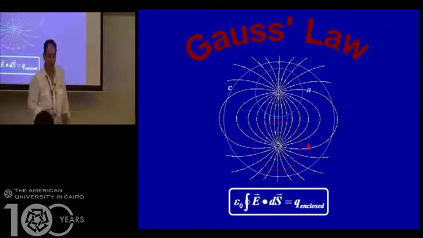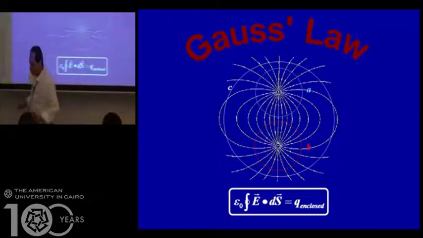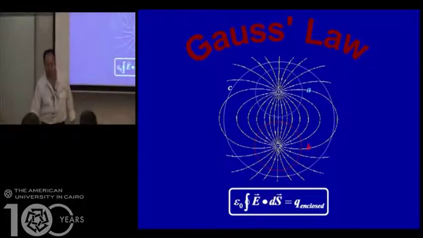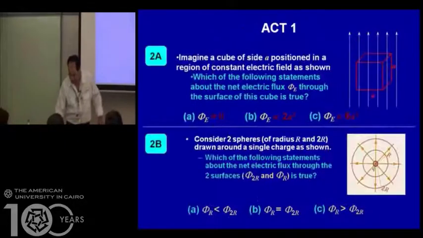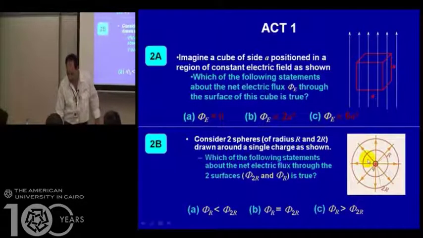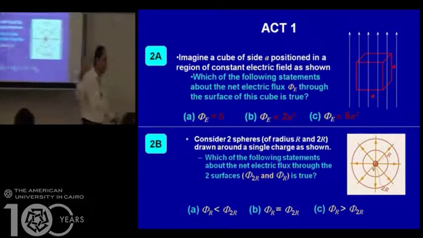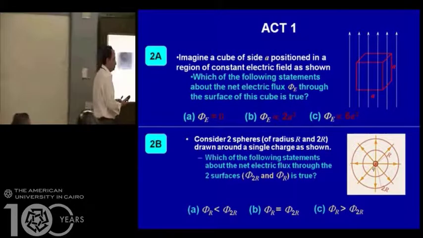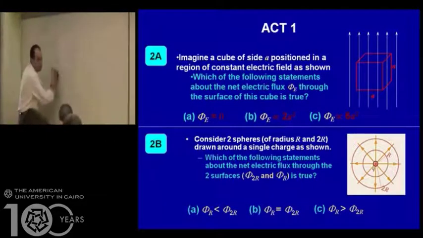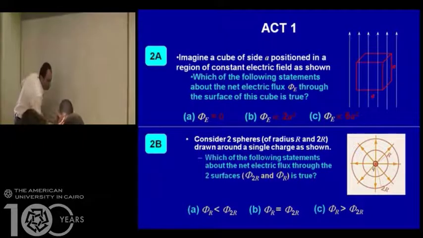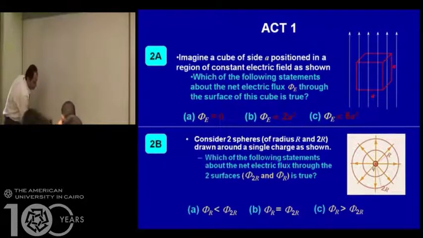Let's go back to that example that we just looked at a minute ago. I'm going to leave that on the board. I need to calculate the flux, to get a numerical value for the flux.